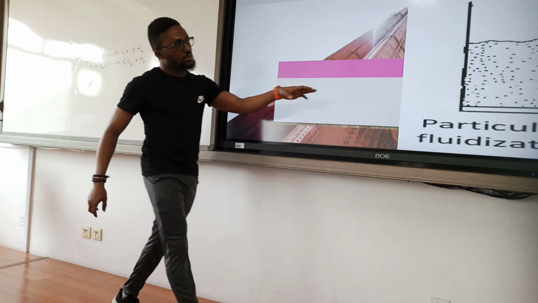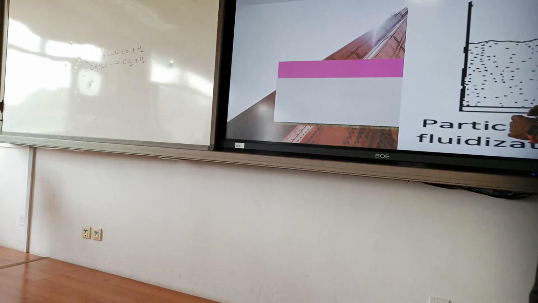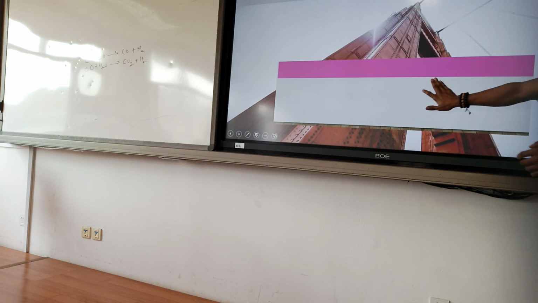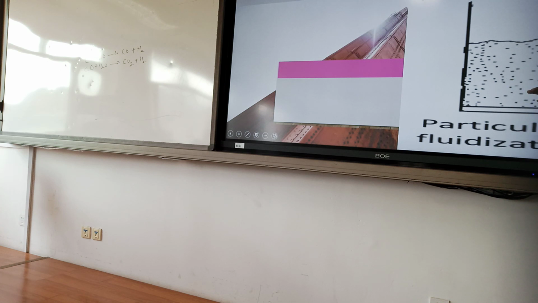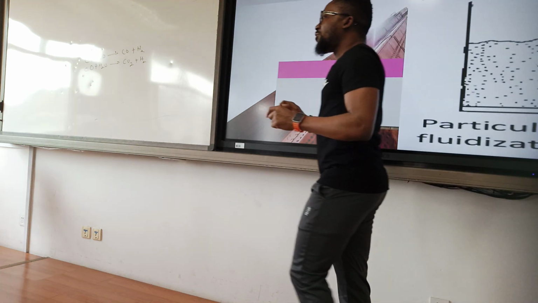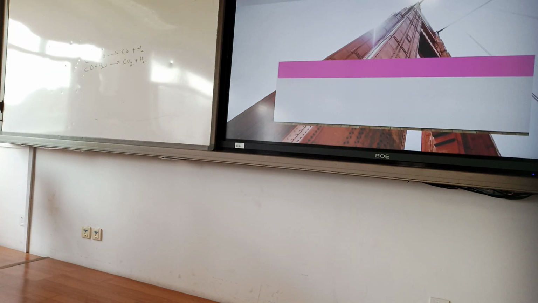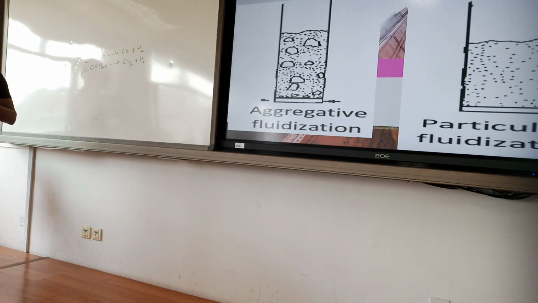If you look at this diagram, these are the solid particles. When fluidization happens, if the solid particles are uniformly distributed, we call it particulate fluidization. But if the solid particles are non-uniformly distributed, we call it aggregative fluidization.